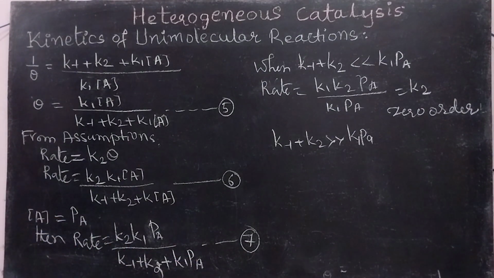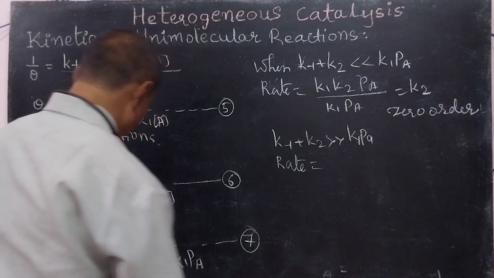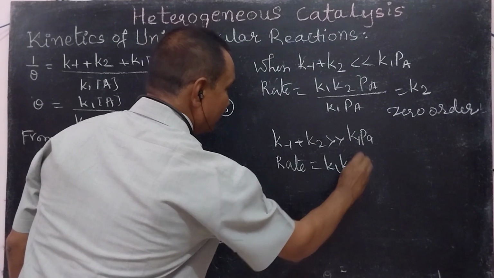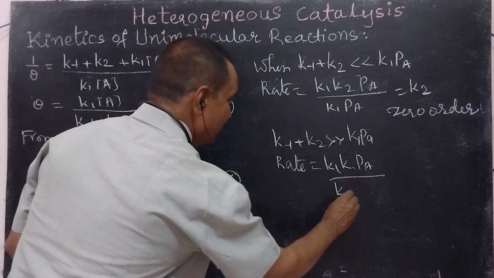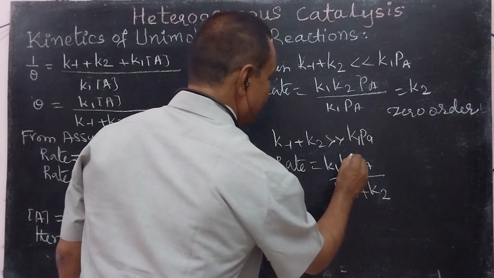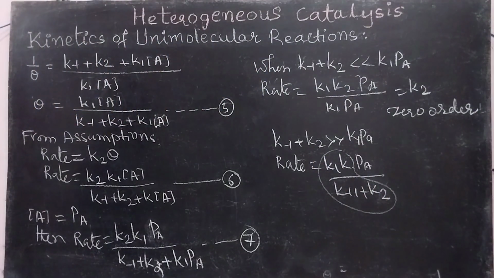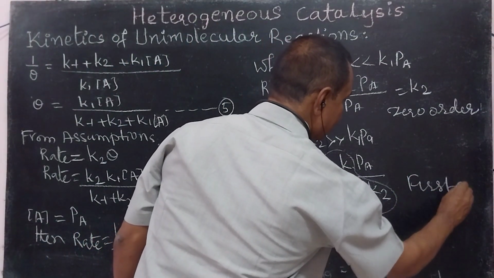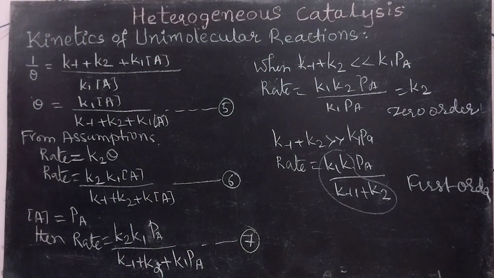And if it is neglected, you are going to get rate equal to K1 K2 Pa divided by K minus 1 plus K2. Suppose these are all constants, it is directly proportional to Pa. Then it is first order reaction. The reaction becomes first order when K1 Pa is low.